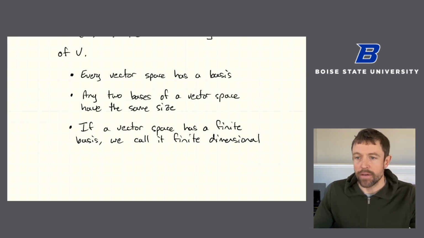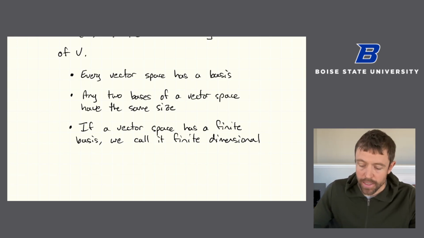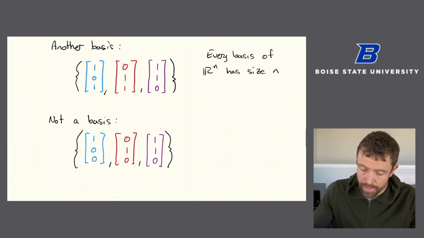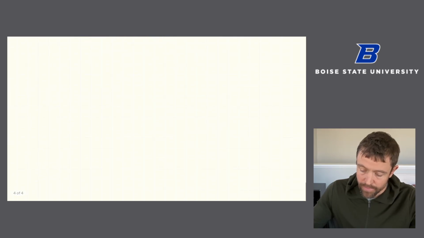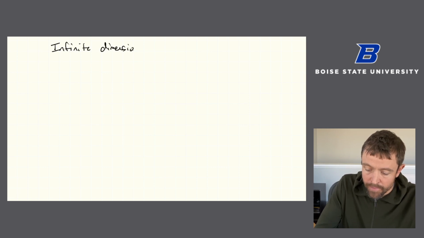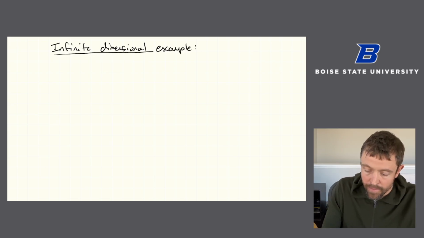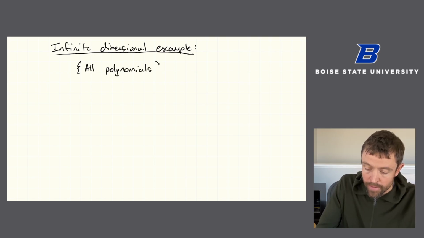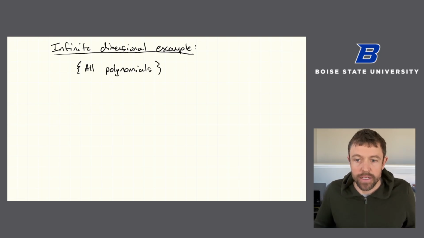But just real quickly, what about vector spaces that don't have a finite dimensional basis? I'll just give you one example. So an infinite dimensional example would be the set of all polynomials over the real numbers. This is a vector space.